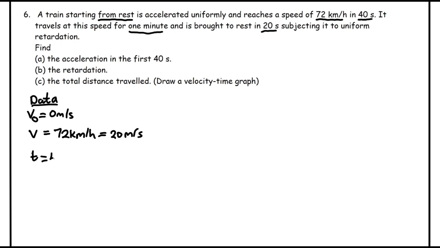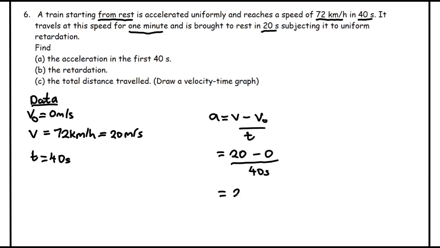What else do we have? Time is 40 seconds. What is the acceleration in the first 40 seconds? Based on this information, we can use the equation a equals v minus v naught over time to get the acceleration. Final velocity is 20 meters per second. Initial is 0. Time taken is 40 seconds.